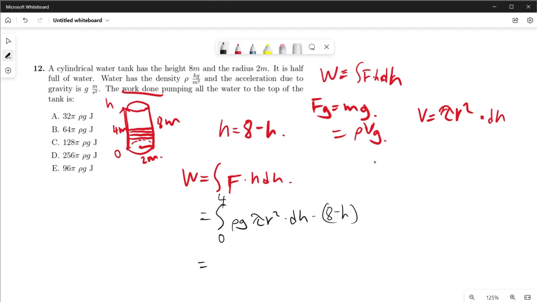Here rho and g are provided. R is 2, right? That would just be 4 pi. All these are constants, so I can move that outside: 4 pi rho g, and then just inside we have 8 minus h dh.